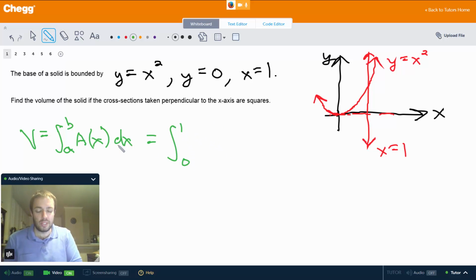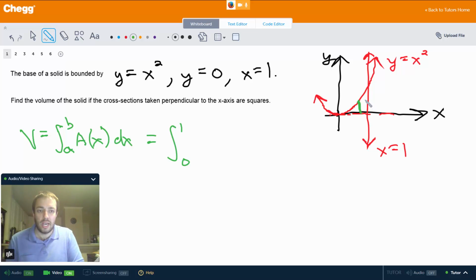A of x represents the area of the cross-section at x units, and we're told that the cross-section is taken perpendicular to the x-axis, which means this direction. Those cross-sections are squares. First, what does a cross-section of the solid look like? This entire shaded area is the base, so if we take a cross-section of the solid here, this is going to be the base of our cross-section.